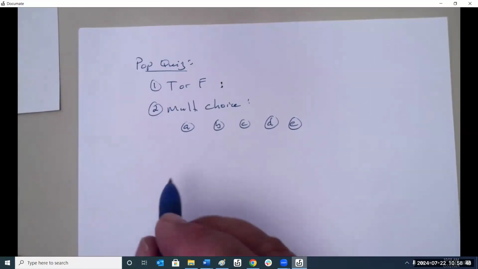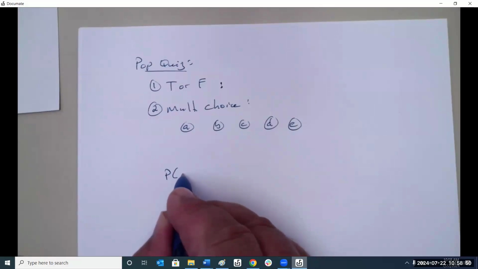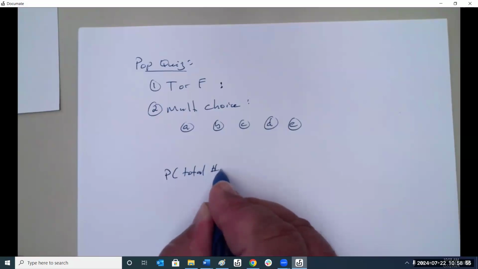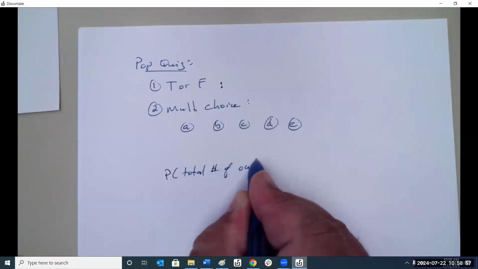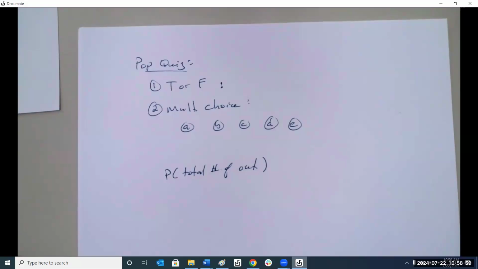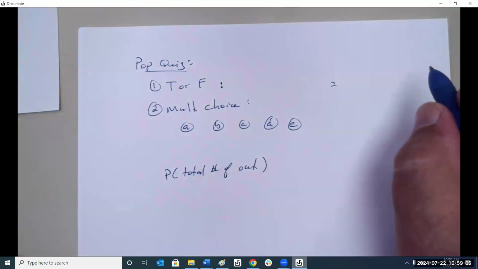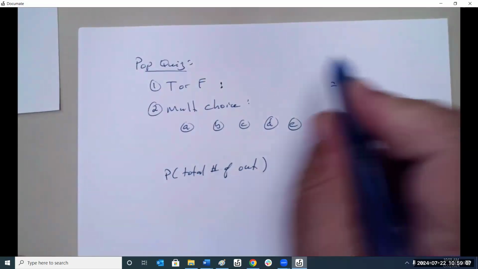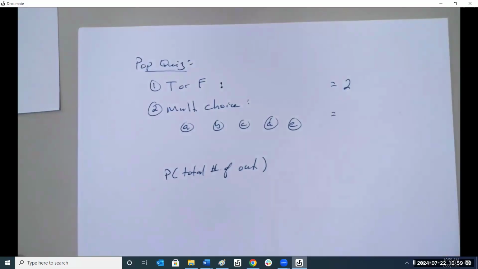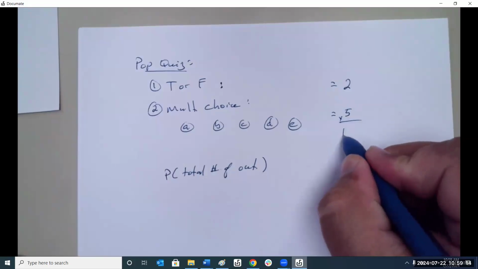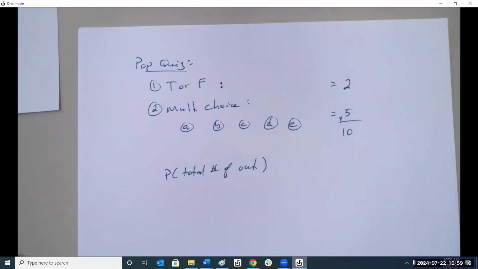Because remember, to find the probability, we have to know the total number of outcomes. How many outcomes are possible in the first one? 2, either true or false. How many in the second? 5. 2 times 5 is 10. So there's 10 possibilities.